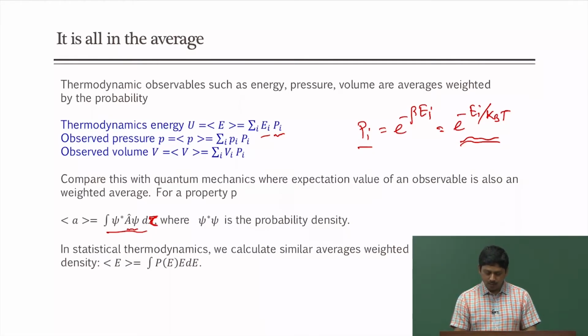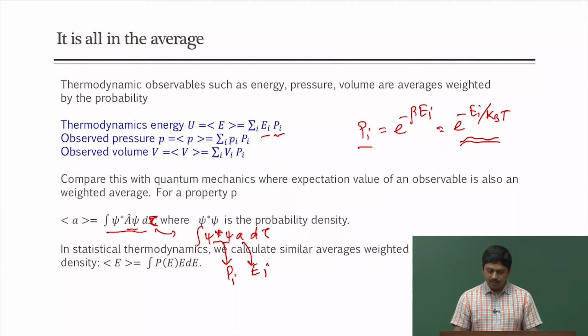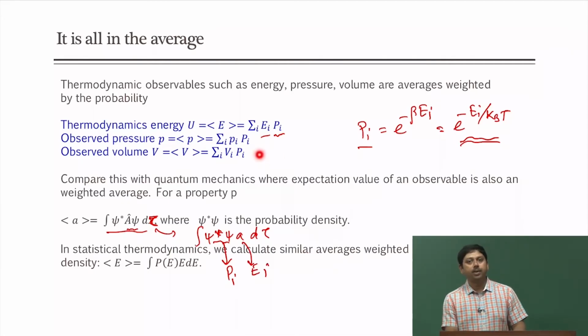So, then this one immediately will give us psi star psi A d tau. Now, psi star psi you know as a probability density. So, it is almost like our Pi, and A is something like the property which is our EI, and then this corresponds to the same as the above equation.